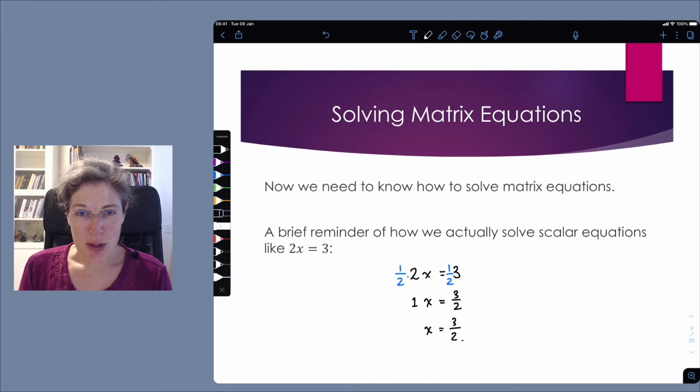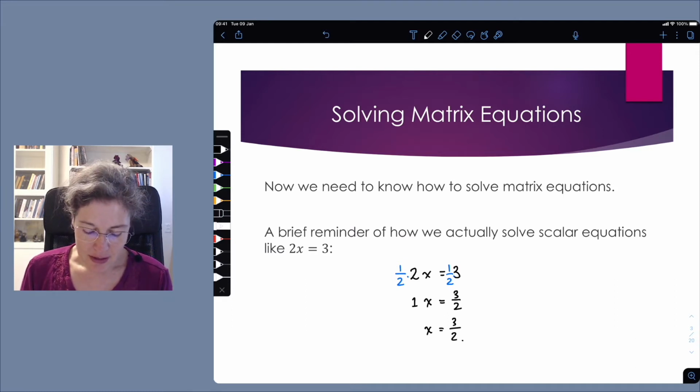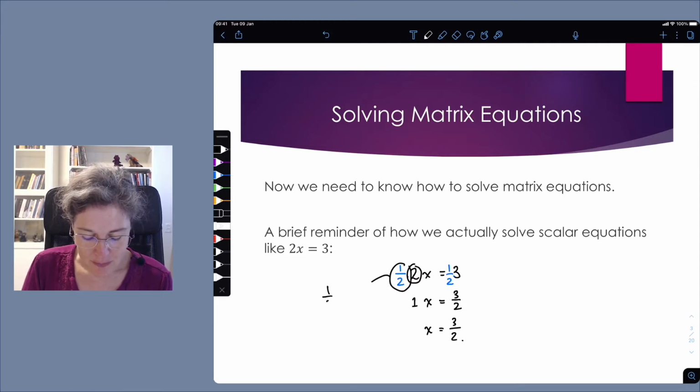There are two things that are really going on here. The first is that you need to have some idea of what the inverse of 2 is, which is easy to do. When we're dealing with scalars, we have that a half is the inverse of 2, by which I mean the multiplicative inverse.